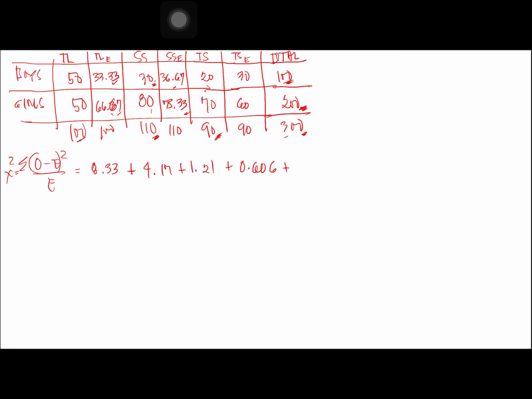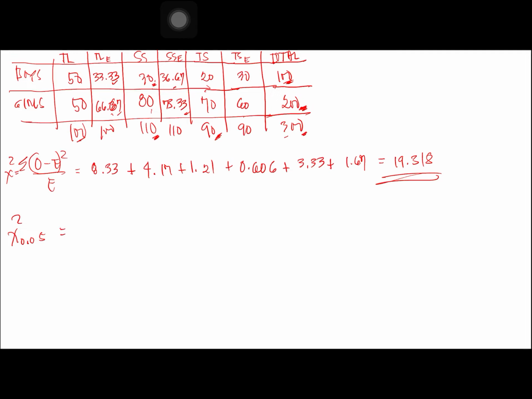Plus, 20 minus 30 squared divided by 30. We have here 3.33. Plus 70 minus 60 squared divided by 60, 1.67. Gives us a total of 19.318.